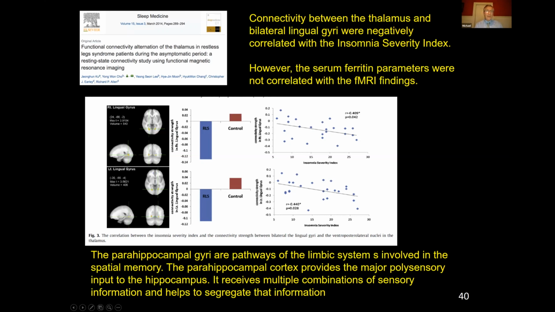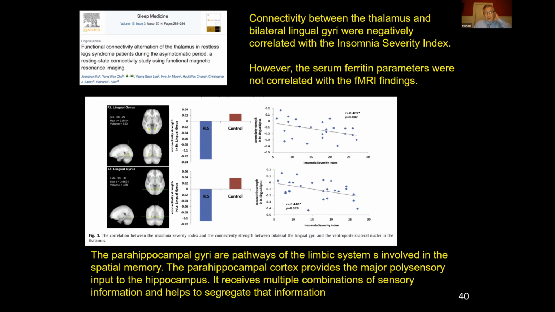And this area was not only associated with restless legs, but also with some of the insomnia symptoms that the persons reported. So again, we have this heightened activity in the thalamus, and it seems to be tied to some of these perceptions of my legs aren't feeling well, I'm not sleeping well, I have trouble going to sleep.